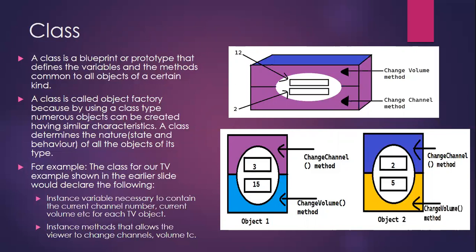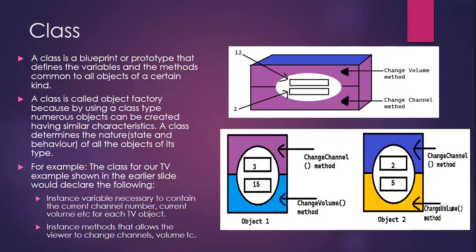Here we have considered two instance methods, the change channel method and the change volume method. When you invoke the change channel method, you are going to pass some values to it. Suppose in object one, we have passed a value of 3. So 3, when given to the change channel method, changes the channel to channel number 3.